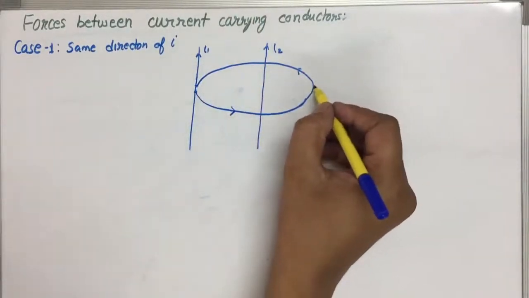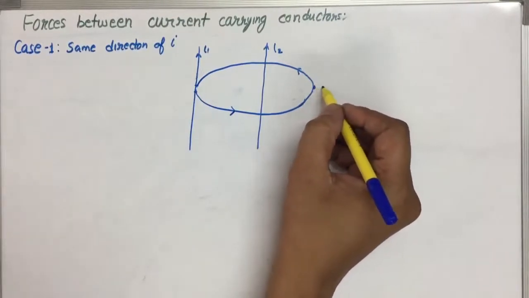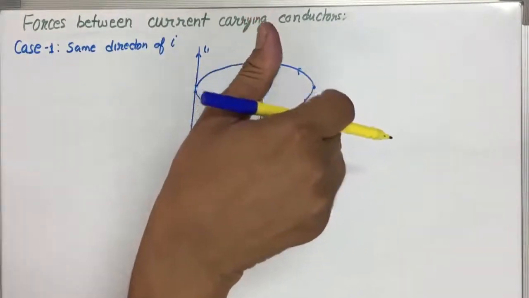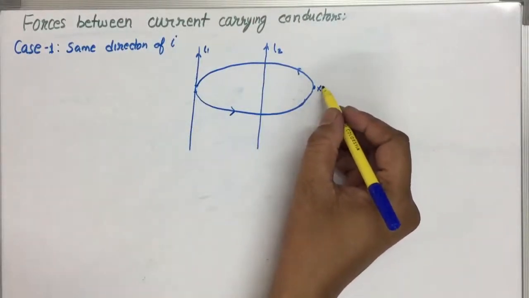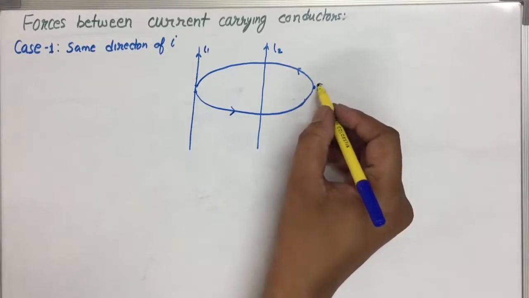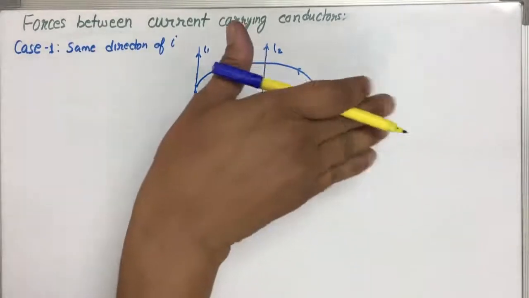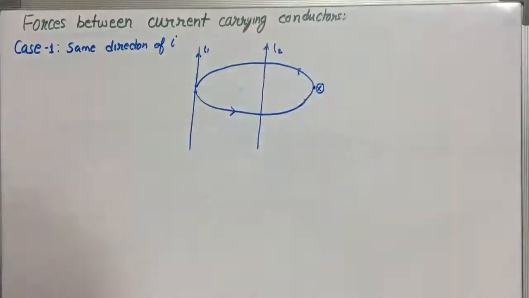So in this portion, at this point, we find that the field is going in. The direction of the field will be inside to the plane, inside to the board.